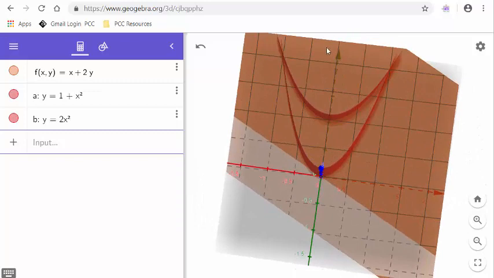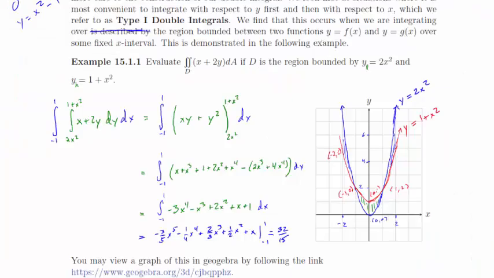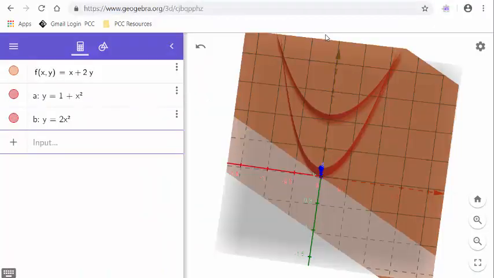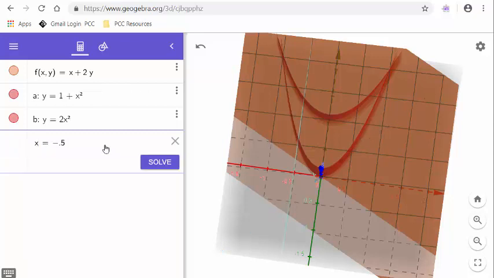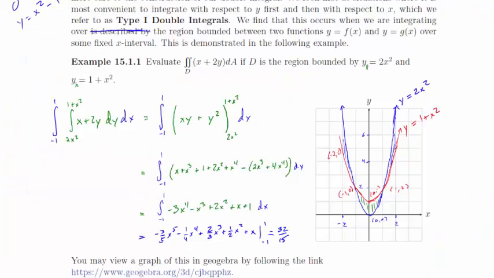All right, let's go back here. Actually, I do want to say one other thing. If we are saying x equals like -0.5, remember, since I'm integrating with respect to y first, it's like saying that I'm holding x as a constant.